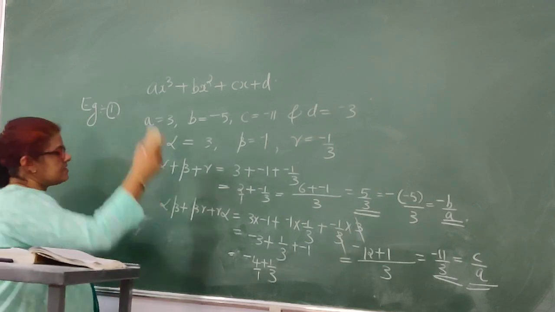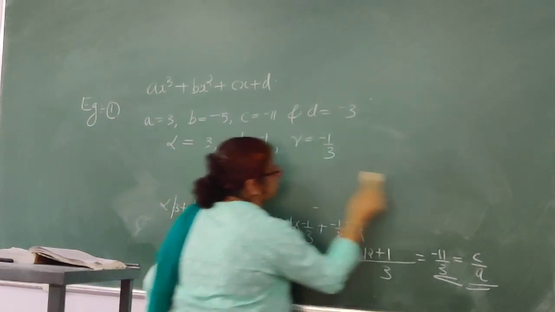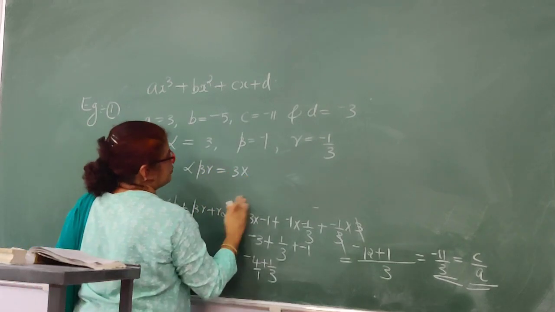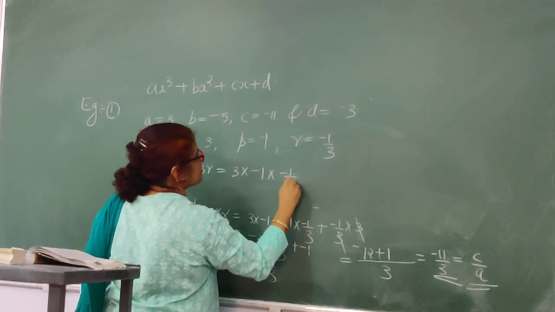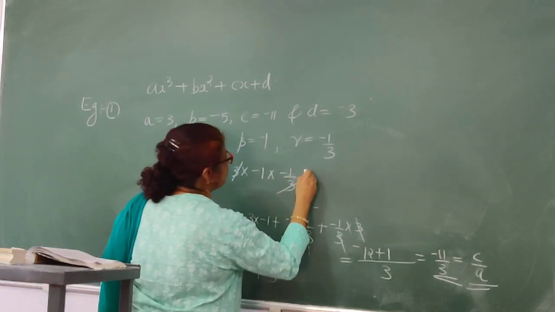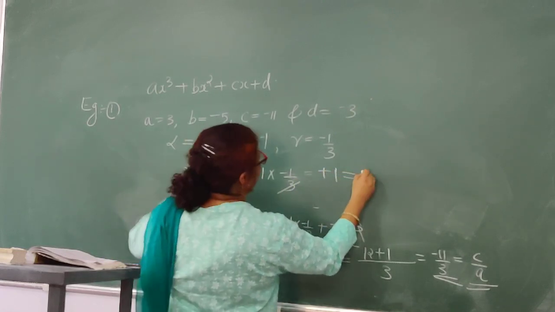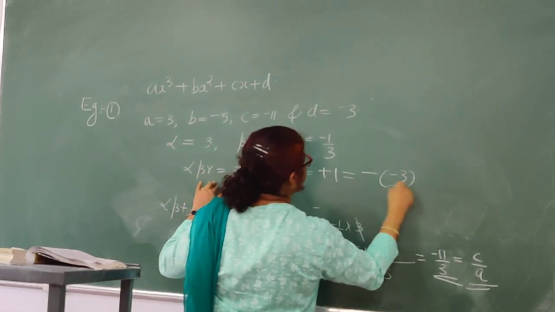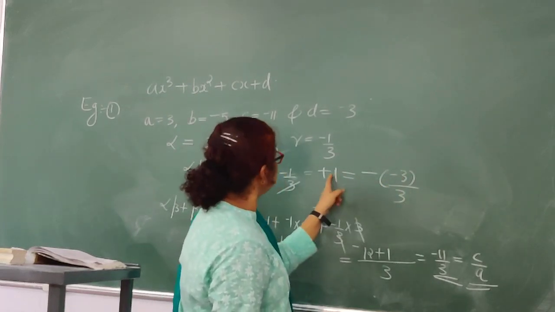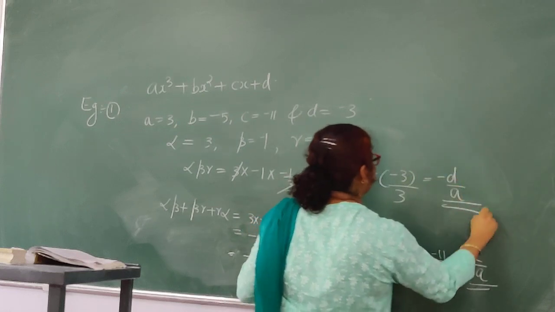And the third, that is alpha beta gamma, the product of zeros. Alpha beta gamma is equal to 3 into minus 1 into minus 1 by 3. 3 and 3 cancel, and minus 1 into minus 1 is plus 1, which is equal to minus of minus 3 by 3, which is plus 1, and this is equal to minus d by a.